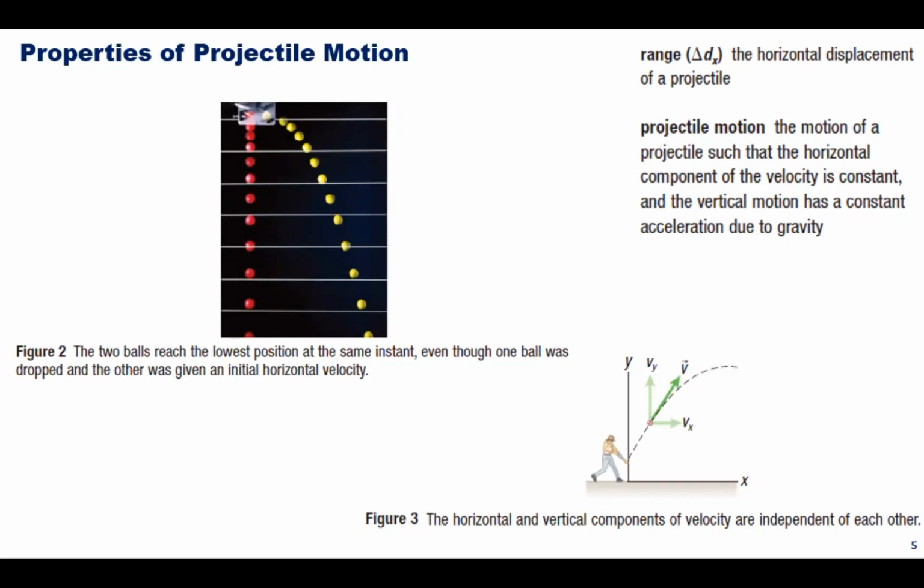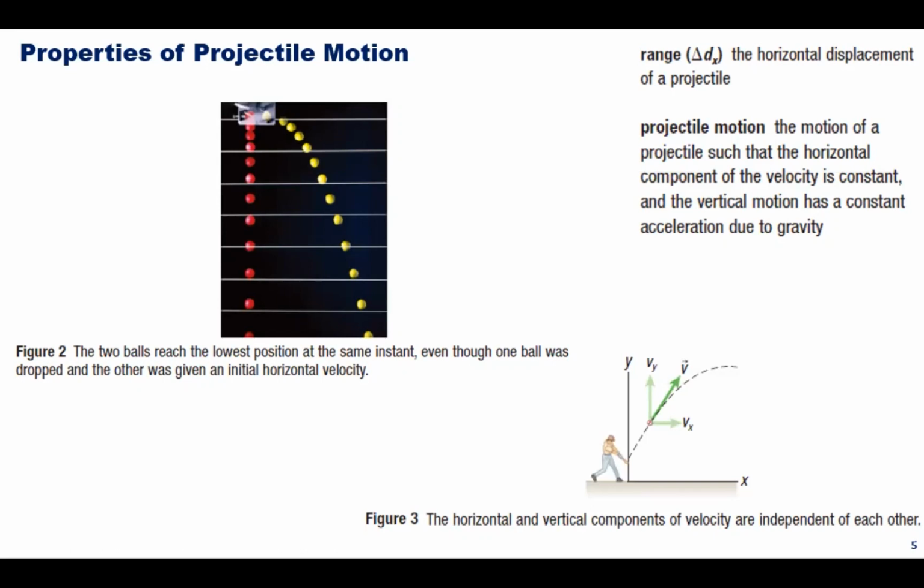One with horizontal projection, as your friend's soccer ball had. The horizontal lines represent equal time intervals, which is the time interval between the camera's strobe flashes is constant. The vertical components of the displacement increase by the same amount for each ball.